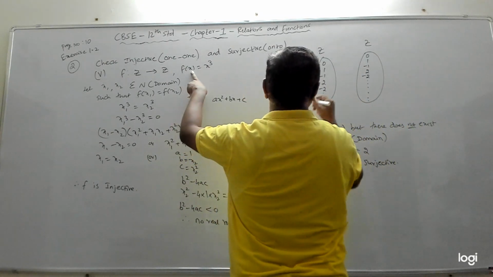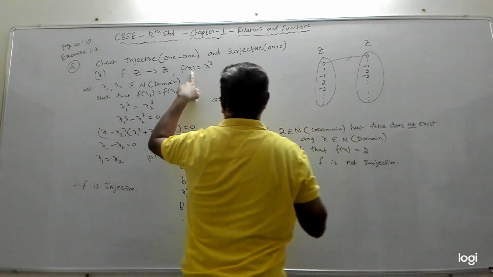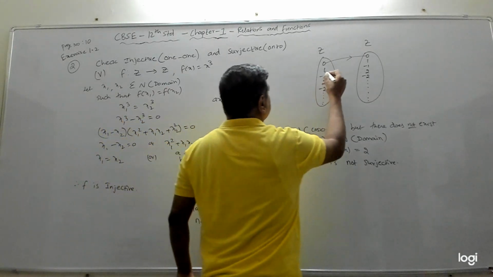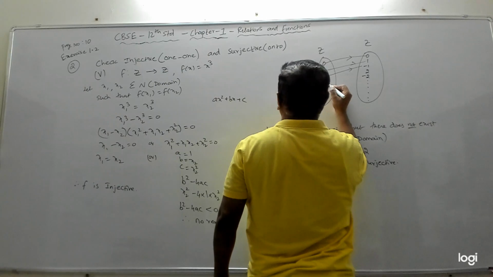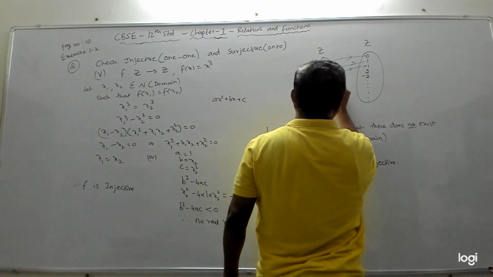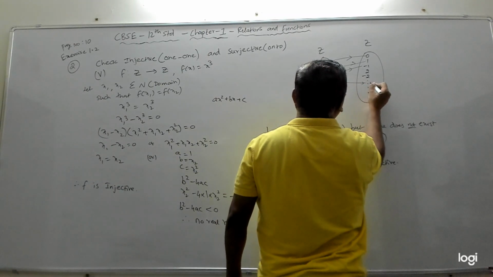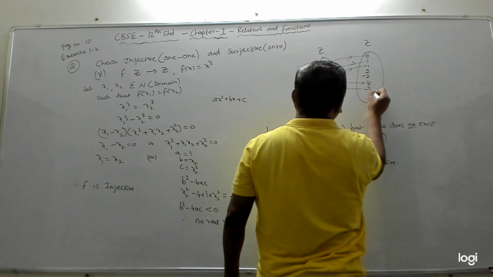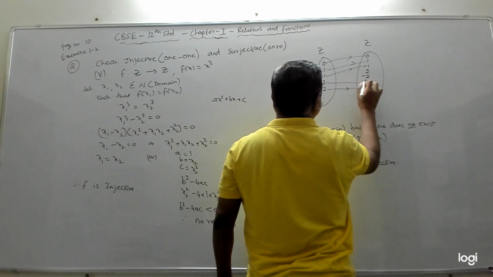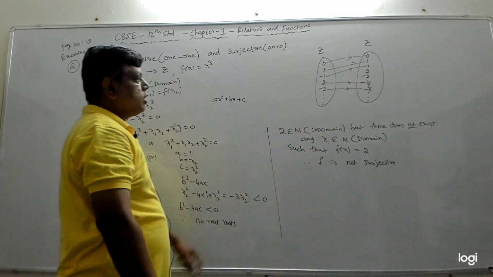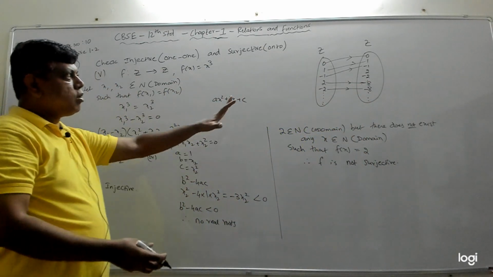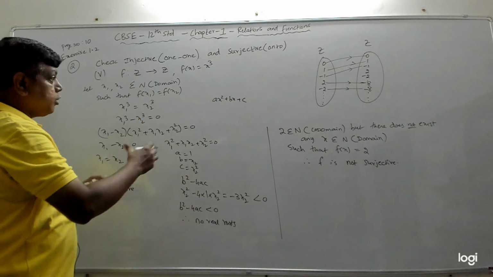Now f of 0 is 0 cube. 0 will go to 0, 1 will go to 1, minus 1 will go to minus 1, 2 will go to 2 cube, which is 8, and minus 2 will go to minus 8, because minus 2 cube is minus 8. So that's how the function is. From the arrow diagram it looks like it is 1 to 1. We'll try to prove that it is 1 to 1.